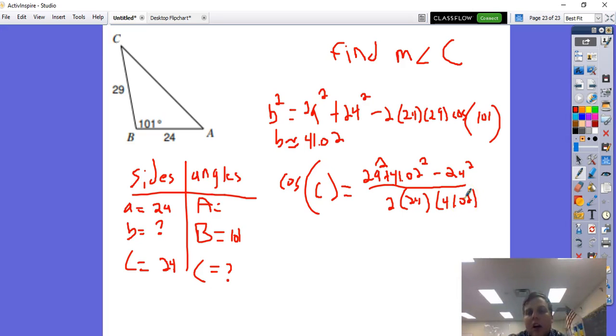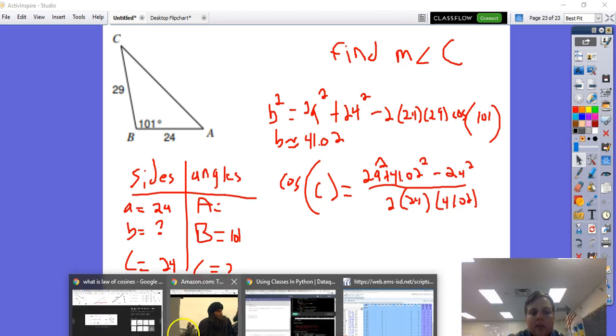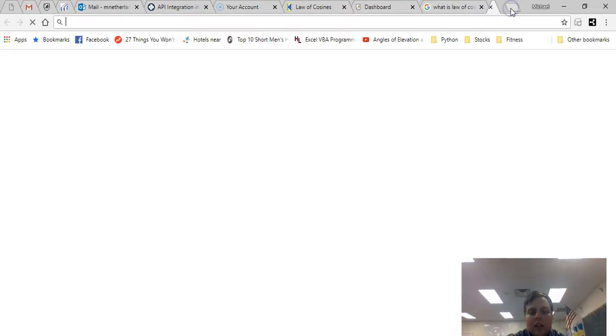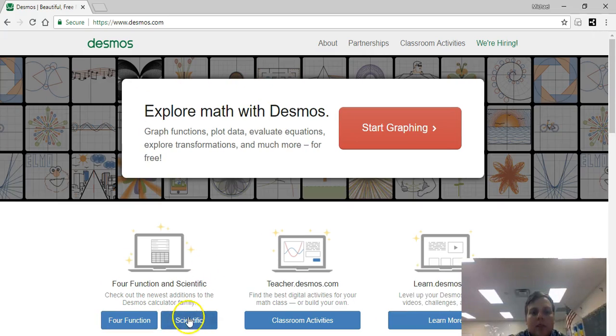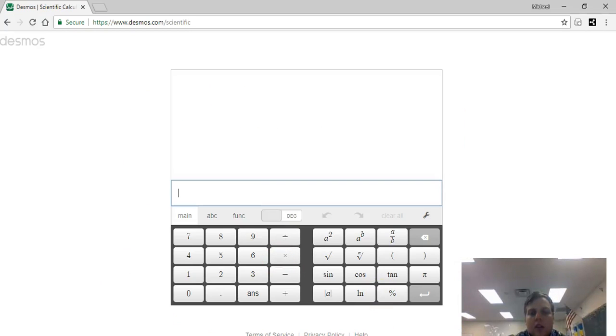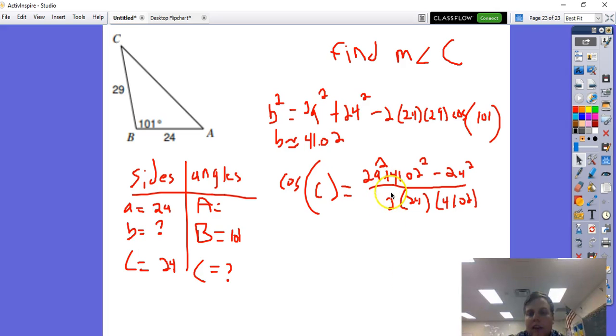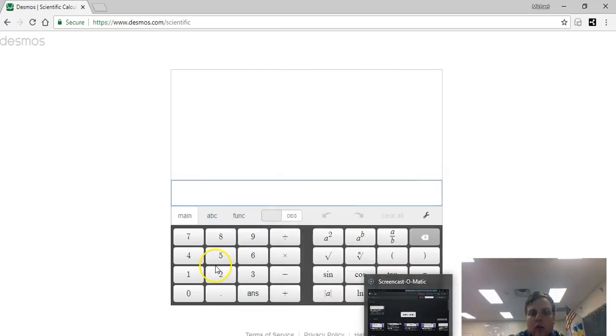I'm going to take y'all through Desmos real fast, just because I think that's actually going to work faster for me. Alright, so let's see here. desmos.com, I'm going to say scientific. Okay, I'm going to jump around just for a quick second. So I'm going to say 29 squared plus 41.02 squared.